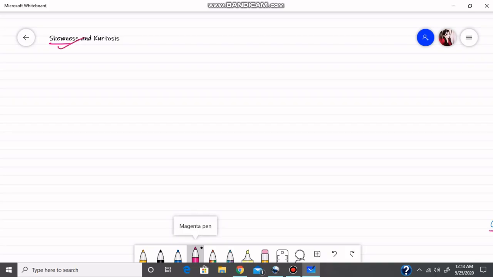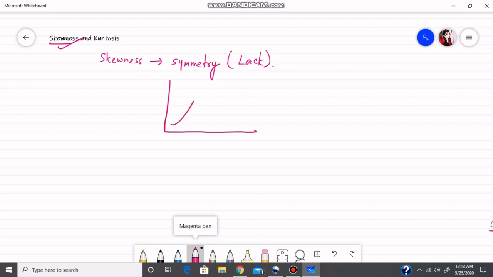So starting with skewness, it is the measure of symmetry. We can say that it is the measure of symmetry that exists with our data, and especially we talk about skewness in terms of the lack of symmetry. So let's understand this with this small pictorial representation. If I consider this as a normal distribution, and if I have a center point to this distribution, if my left and right side of the data distribution appears to be same, then I say that it is symmetric.